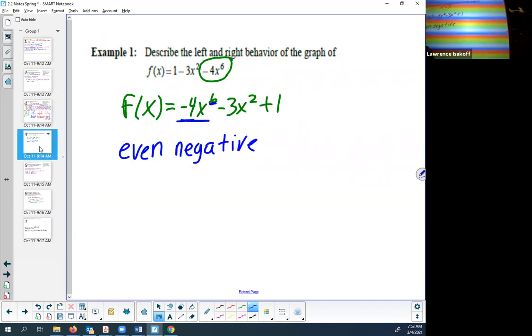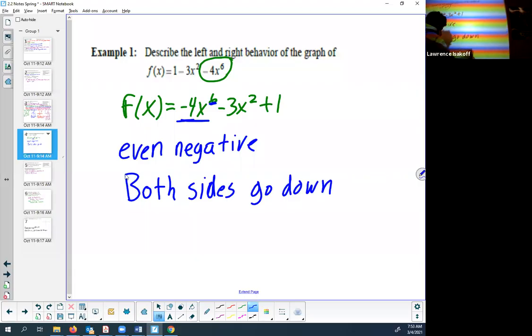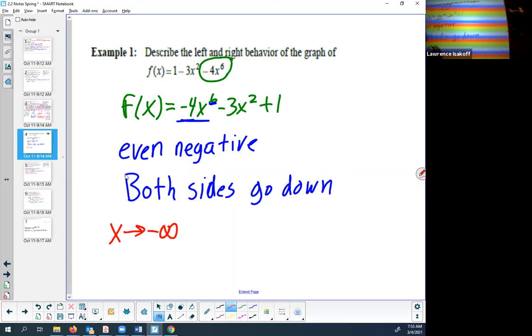So that's what I'm going to predict right here based off of that. Both sides go down, or we can state it in more formal terms. As x approaches negative infinity, f of x approaches negative infinity.